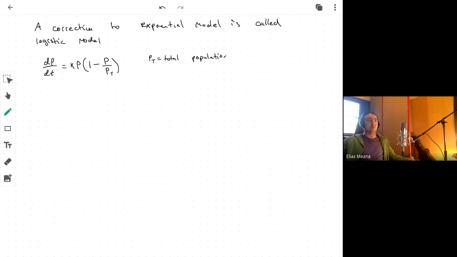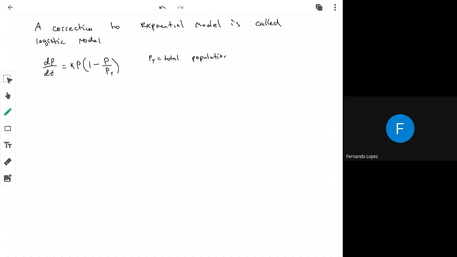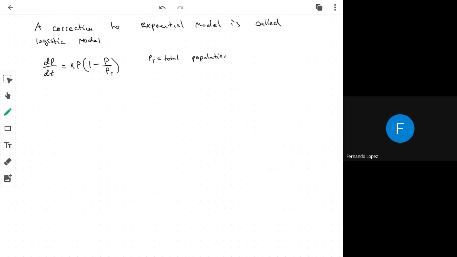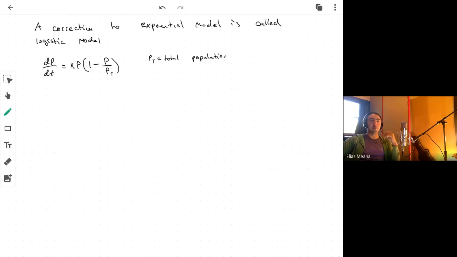That'd be impossible, right? So you're maxing out at the total population. So basically you're getting slow growth, then exponential growth, and then you're getting slower and slower, right? That's exactly right. And does it create an asymptote? It does. That's exactly right.